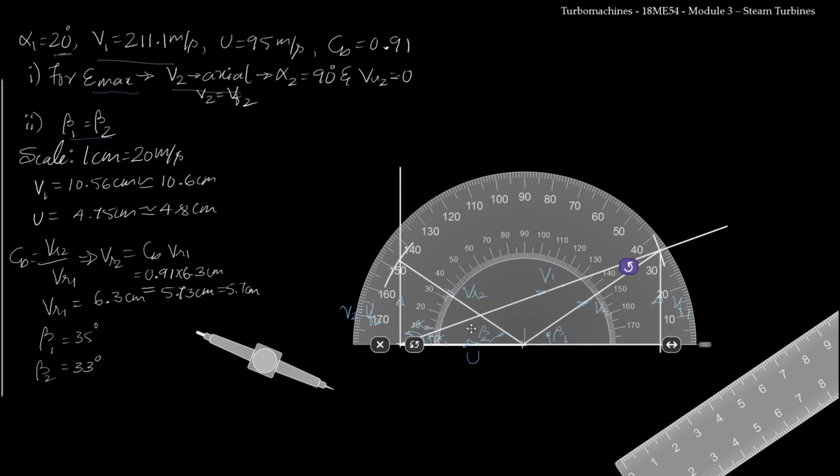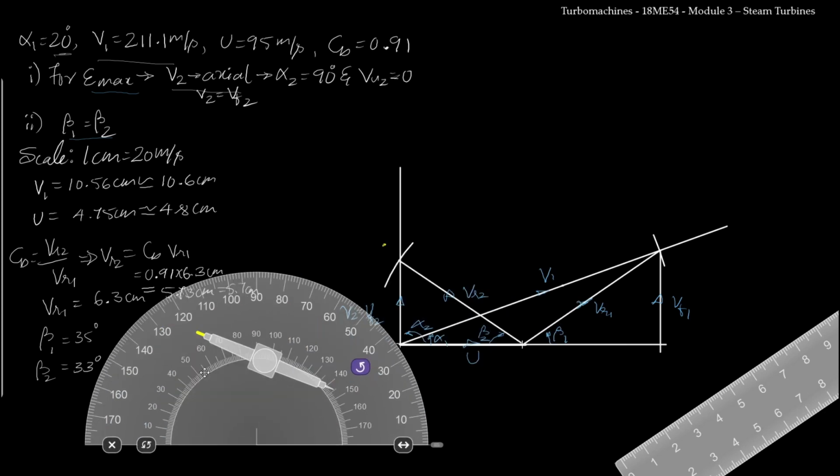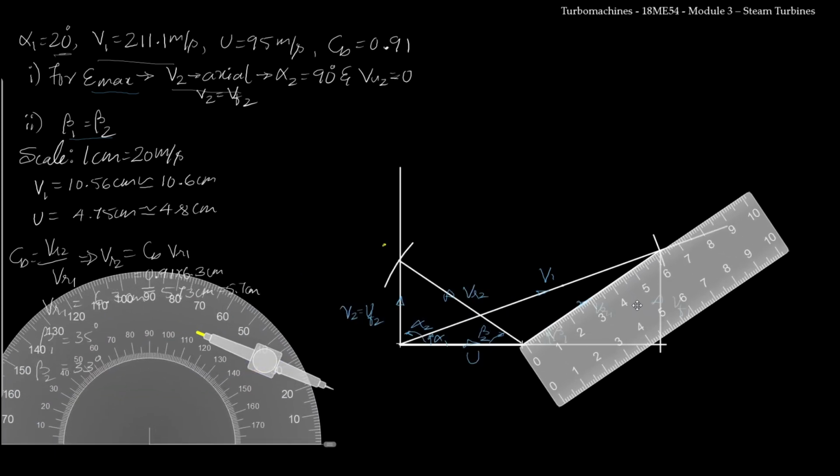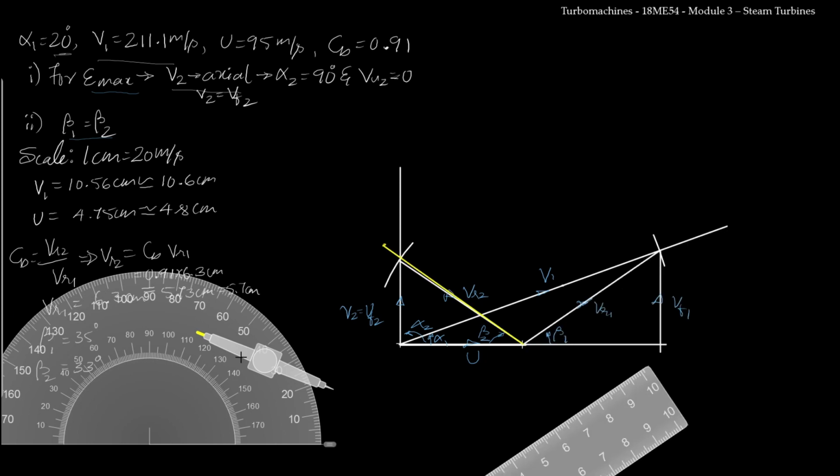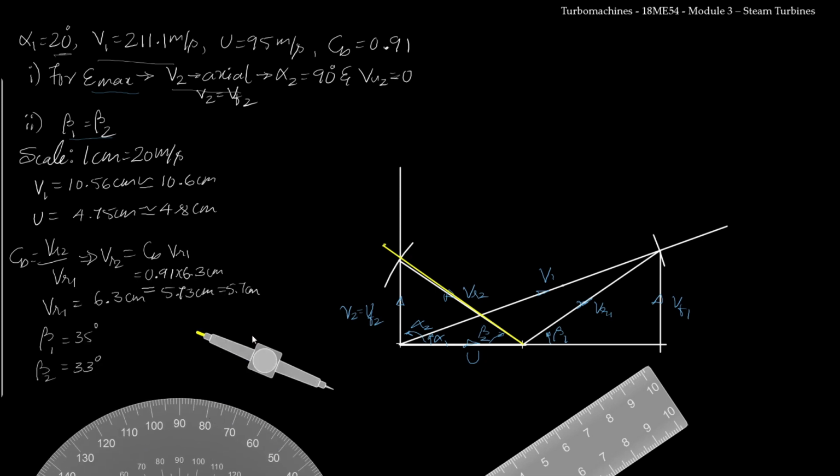So what I have to do is, I need to change the angle of beta 2 to 35 degree. So I will mark that point. For the second triangle I will be using yellow color. So from here I will measure 35 degree, which is here. Now I need to draw a line. So I will take the scale, I will place it here, and I will place the compass here.